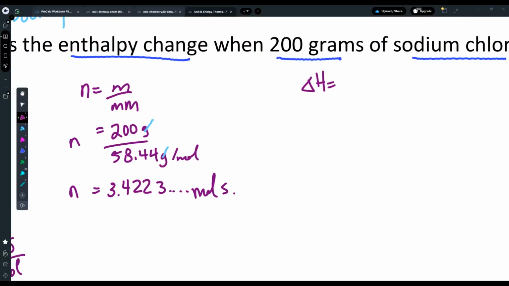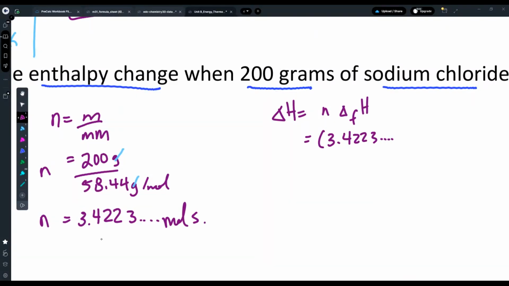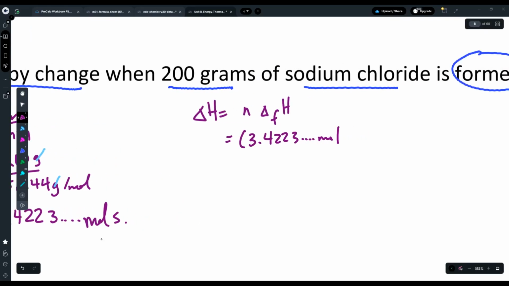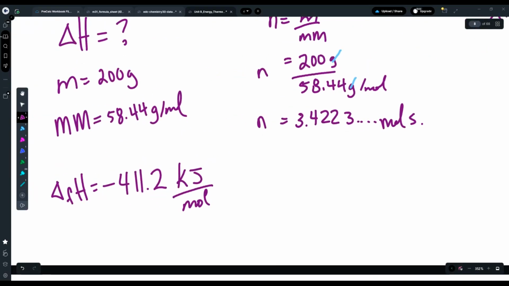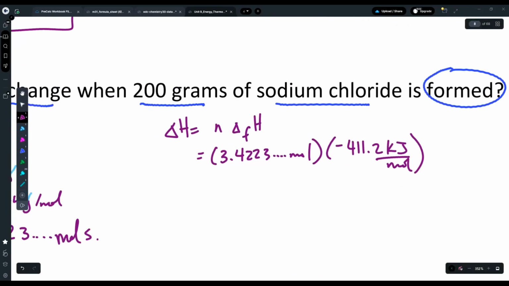Step 2, figure out enthalpy change. So let's write out our formula. Now let's plug in our numbers. 3.4223 goes on forever, moles. So remember, I'm using the raw number I have in my calculator to complete this calculation. And then molar enthalpy of formation, -411.2, and that's kilojoules per mole.